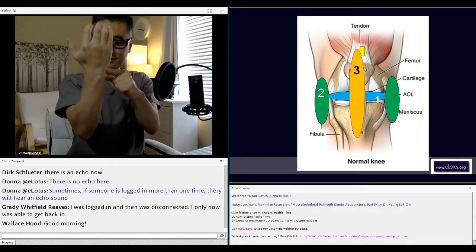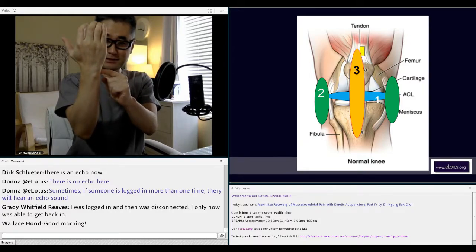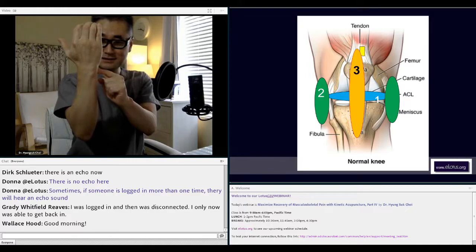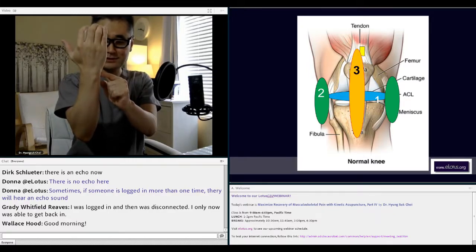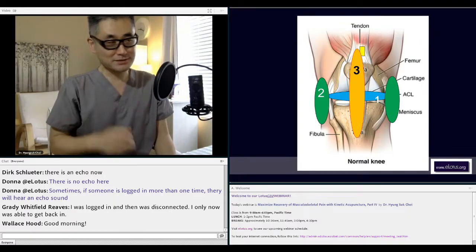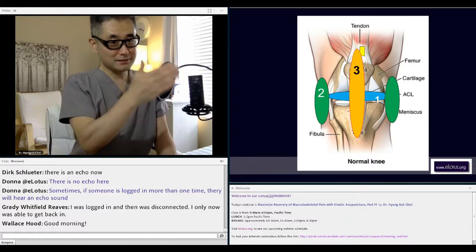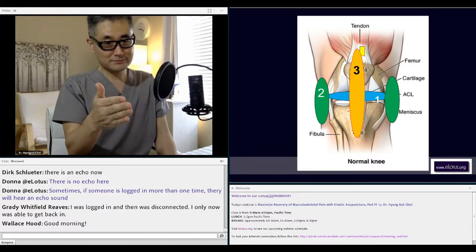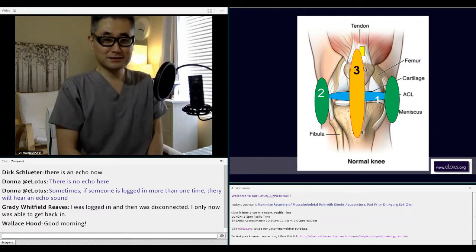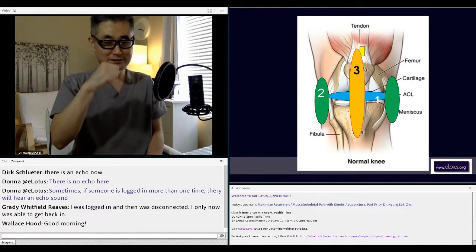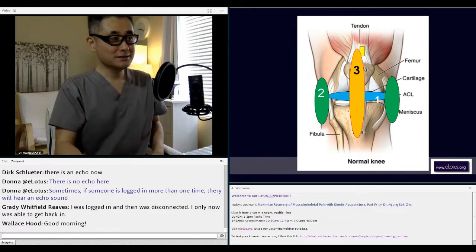Between ulna and carpal bone, there was something like a disc, TFCC, triangular fibrocartilage. That is the meniscus. So two menisci are located left and right, absorbing the shock and lubricating the joint movement.